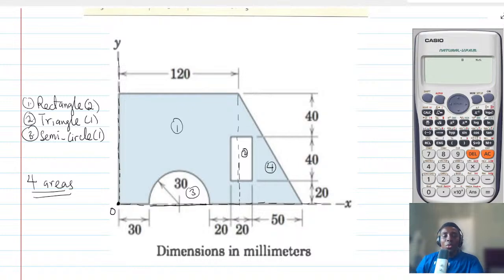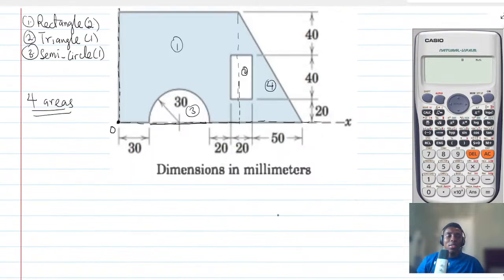So we are going to start with the x bar and then the y bar. Okay. Now when we say x bar, or let's say find the centroid.